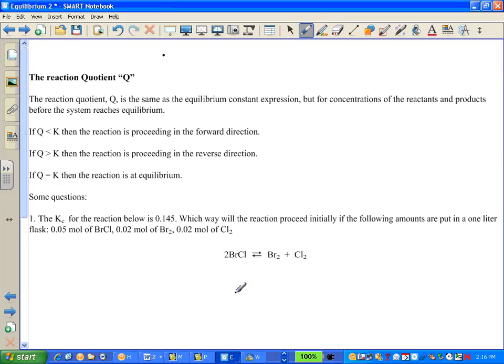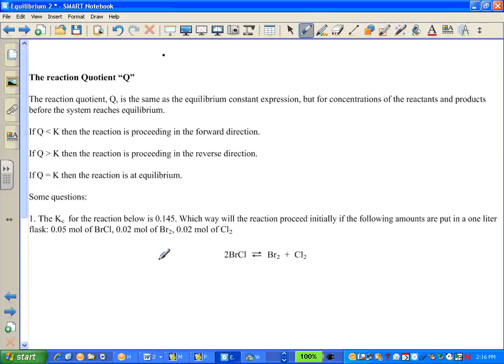So let's look at this example here. The Kc for this reaction is 0.145. And it says, which way would the reaction proceed initially if the following amounts are put into a 1 liter flask? We've got the amount of BrCl, Br2, and Cl2.